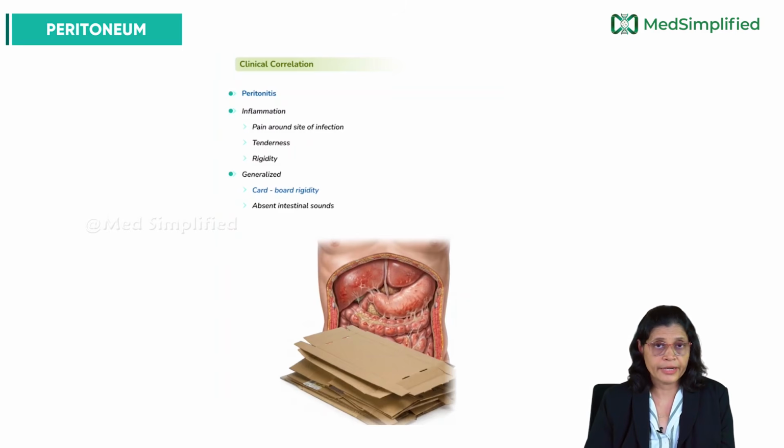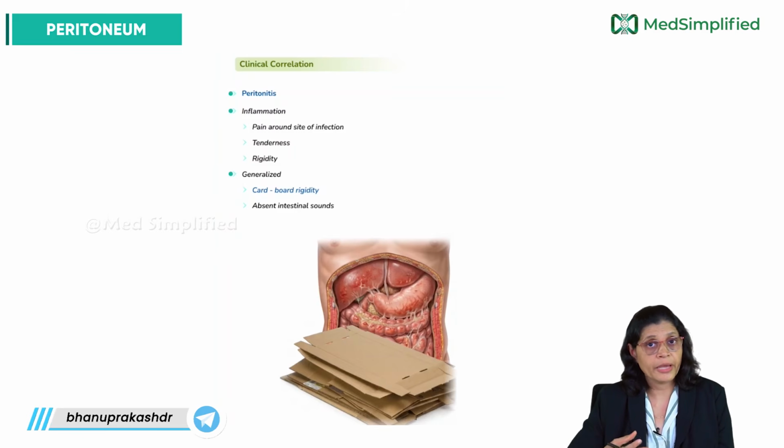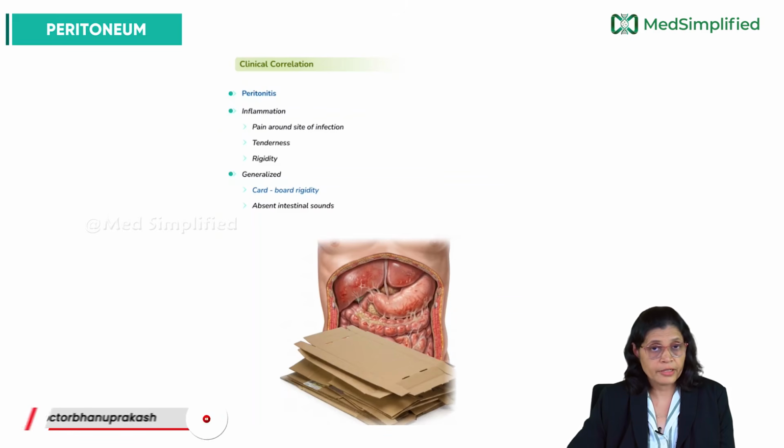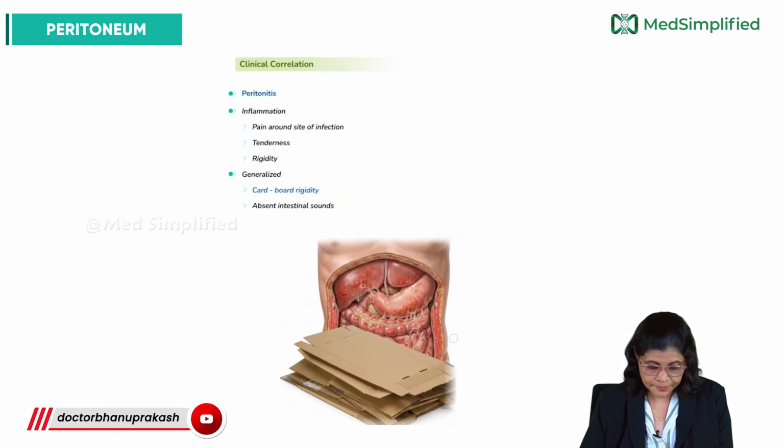When we palpate, the abdomen will be very rigid. It is basically a reflex action where, because of the pain, the patient keeps the muscles tight there. That is cardboard type of rigidity. And when we auscultate, the intestinal sounds will be absent.